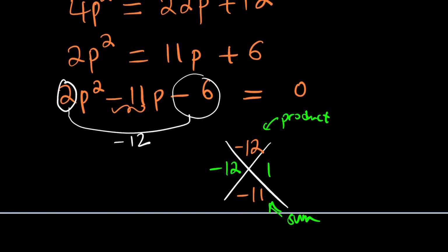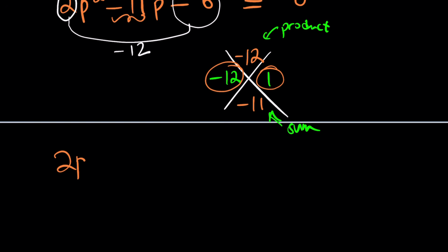Now, how does this help? Well, these two numbers are what we're going to use to split up the sum. So here's how it goes. 2p squared. And then notice that negative 11 was split into negative 12 and 1. So we're going to continue with negative 12p plus 1p, which is just p, minus 6. And guess what?